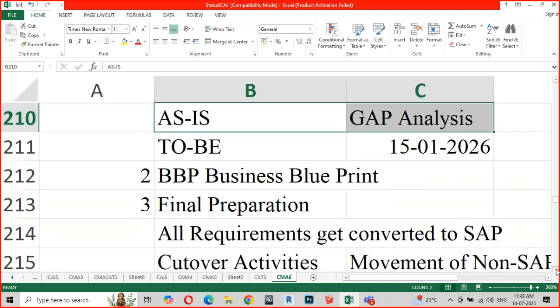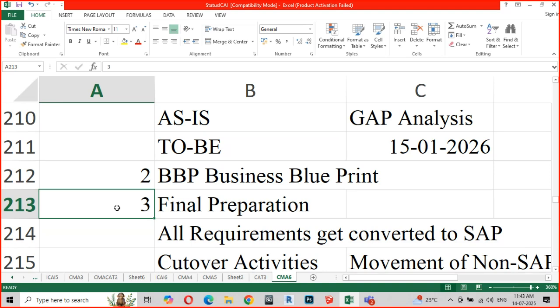Now, the third step. This is the action step, in the sense, the final preparation phase. This is the phase where the size of the team and the size of the individual module teams are decided. Suppose it is decided that, see, as I said, SAP does not mean the implementation of the whole of SAP. That is highly impossible. That may not be possible at all. Right?